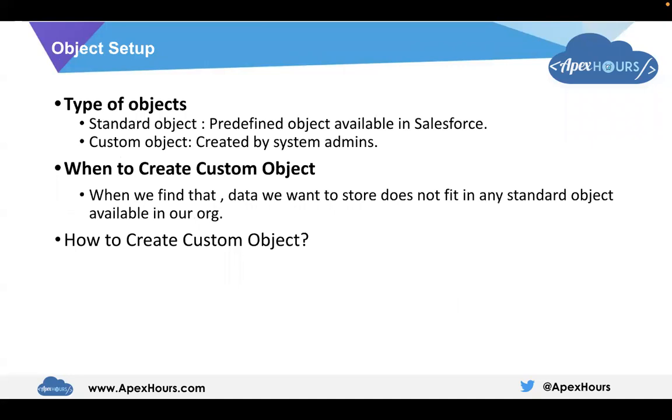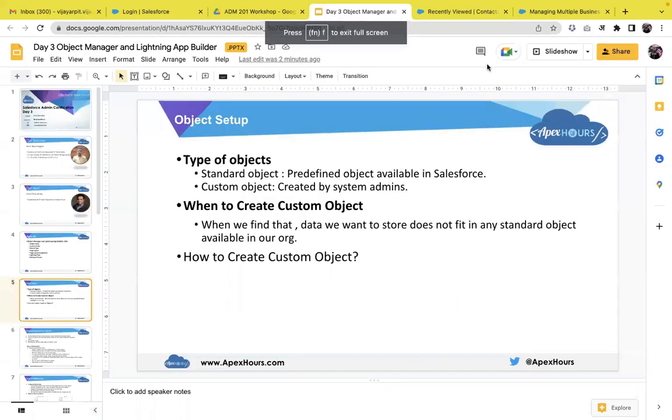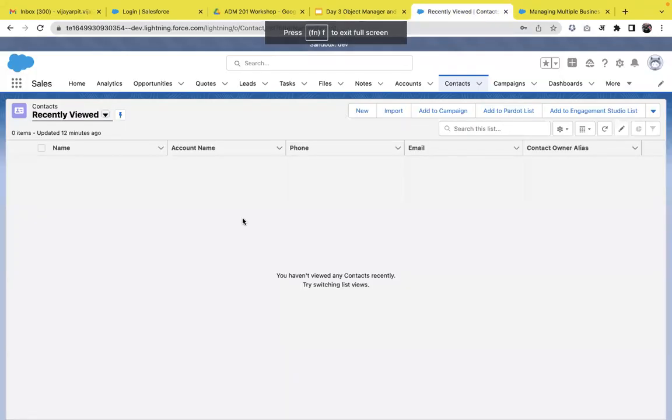Let me show you how we can create a custom object and what kind of standard objects are available in Salesforce. If we talk about standard objects in Salesforce, we have accounts, contacts, leads, opportunities, and many others.